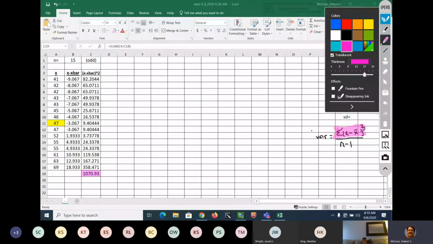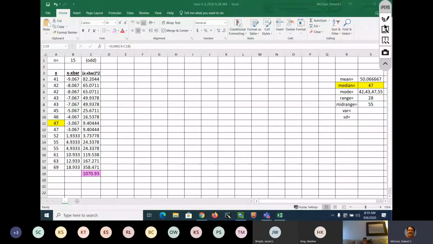There we go. Oops, sorry. So that numerator right here is 1070.93. And I'm going to divide that by n minus 1. I'm just going to say divided by 14, because most of you should be able to take 15 minus 1.